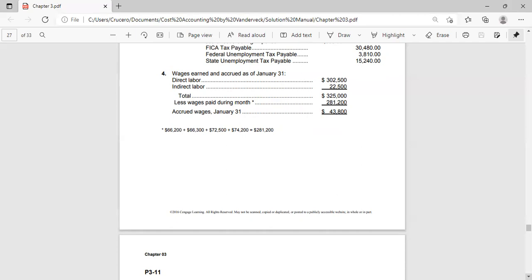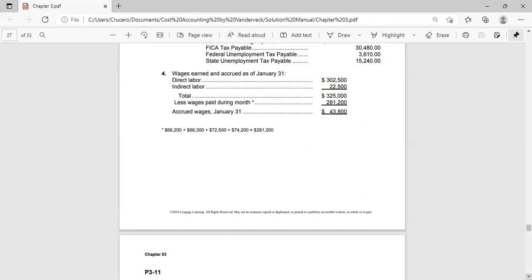So we now have the wages earned and accrued as of January 31 for a total of 302,500 for direct labor and 22,500 for indirect labor, and then we have the wages paid of 281,200, and the accrued amount of 43,800.